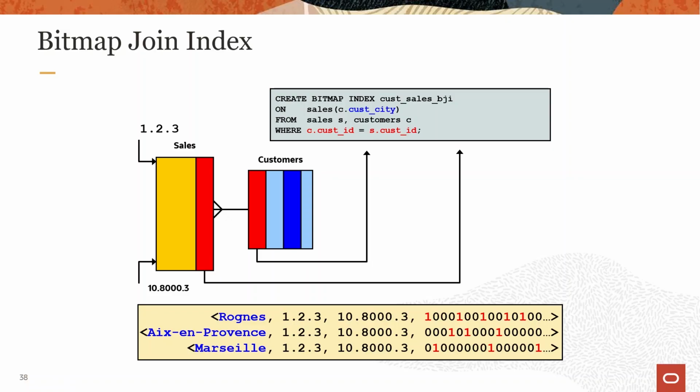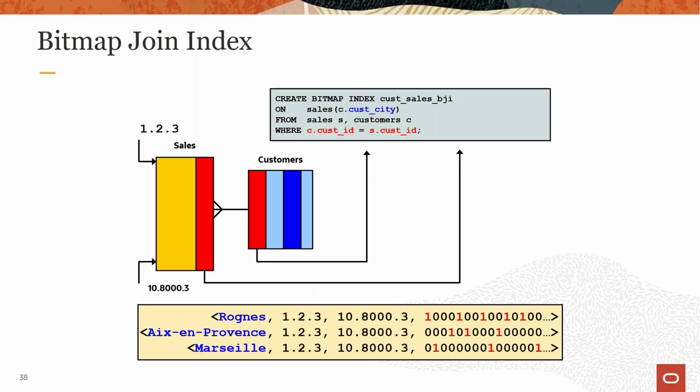Now, how does this bitmap index then look like? Well, each entry or key in the index represents a possible city found in the customers table. A bitmap is then associated with each distinct city found in that customers table. Each bit in the bitmap corresponds to one row in the sales table.